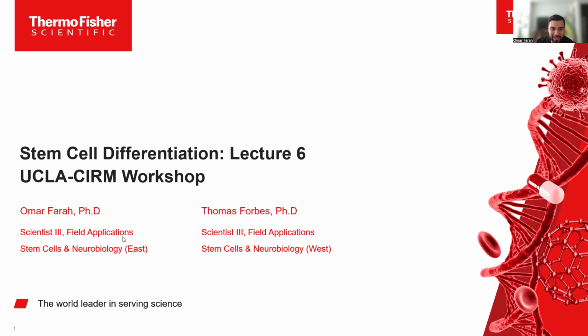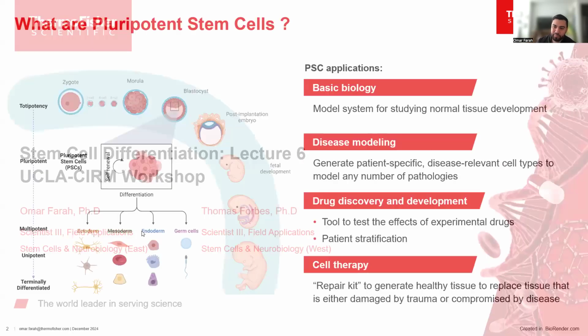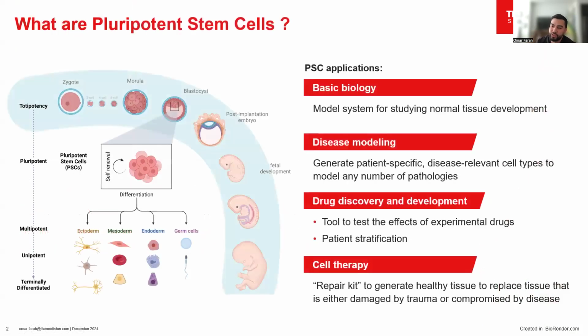But before we get into that, I wanted to just give you, again, a brief introduction into differentiation in general. For those of you who've been following along, we have been talking over the past several lectures about pluripotent stem cells, right? How to generate them via either isolation or reprogramming, how to culture them in 2D and in 3D.